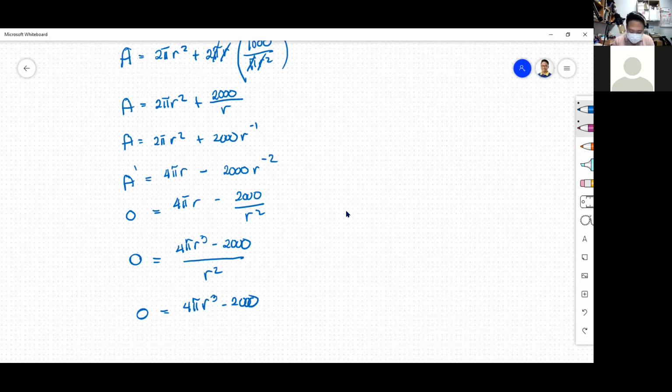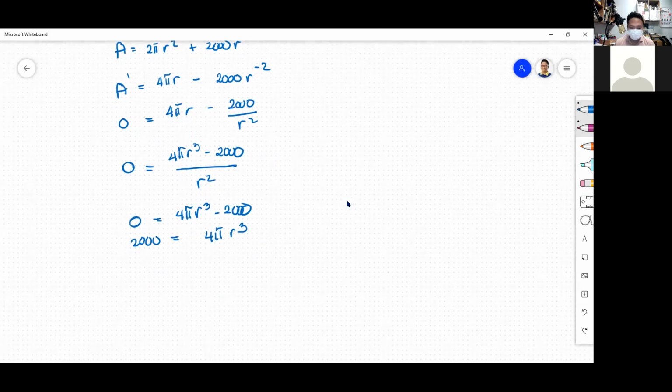Hi guys. So, kumusta na? What's the answer for your r? Transfer 2,000 here, equals 4 pi r cubed. And then r cubed equals 2,000 over 4 pi. r is the cube root of 2,000 over 4 pi. Ilan na guys?